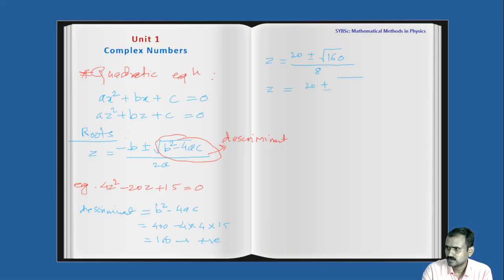160) / 8. Writing 160 as 16 multiplied by 10, we get 20 ± 4√10 divided by 8.